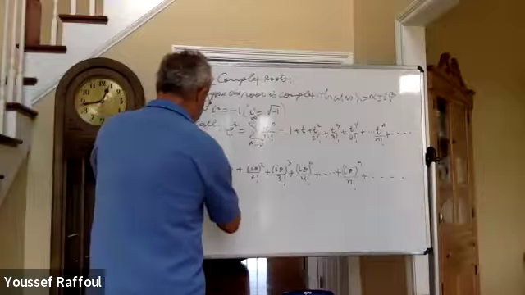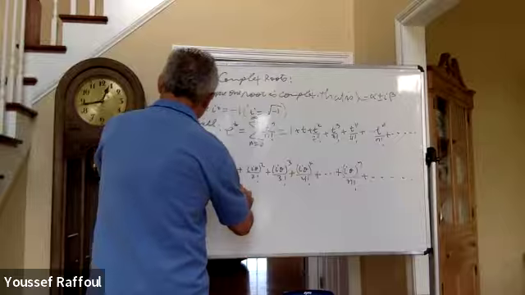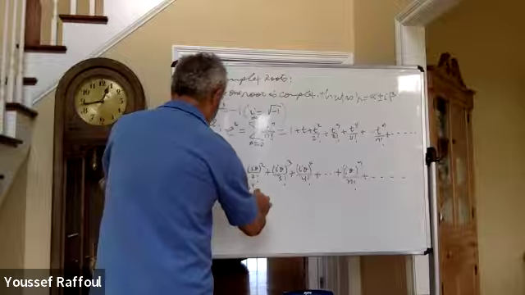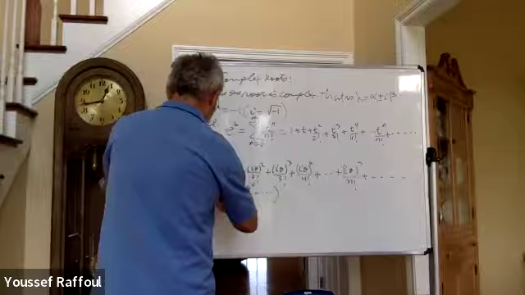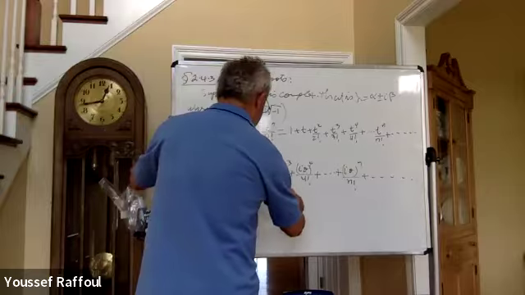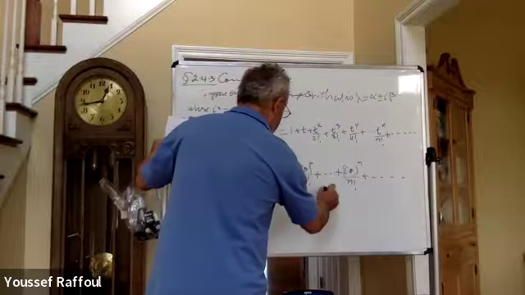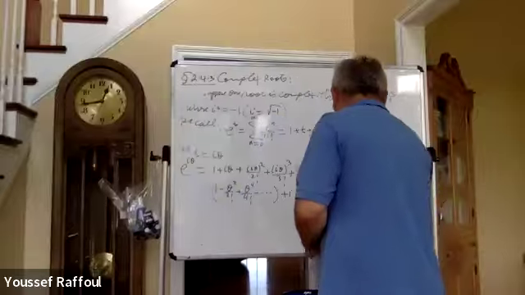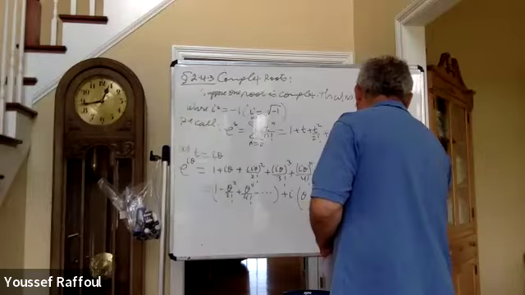And that is 1 minus theta squared over 2 factorial plus theta 4 over 4 factorial minus, plus i times (theta minus theta cubed over 3 factorial plus theta 5 over 5 factorial).